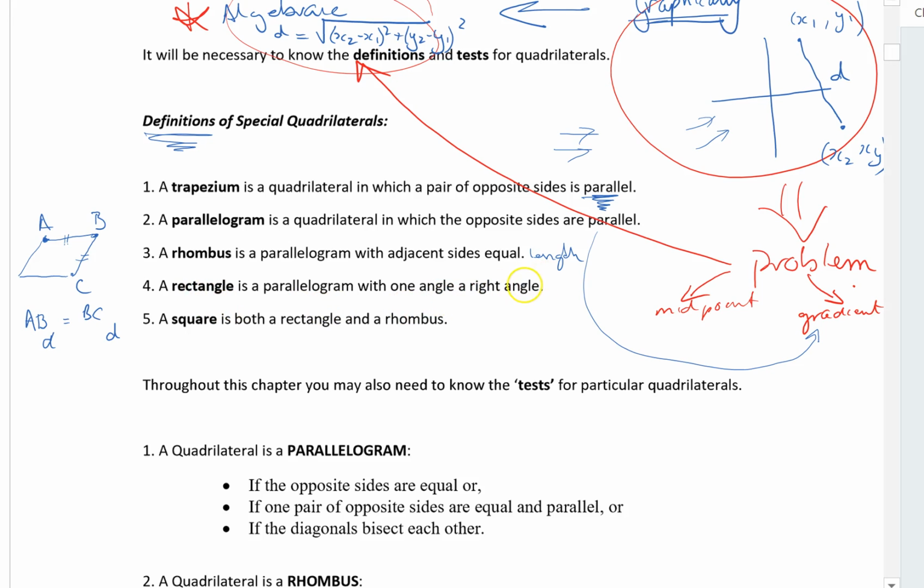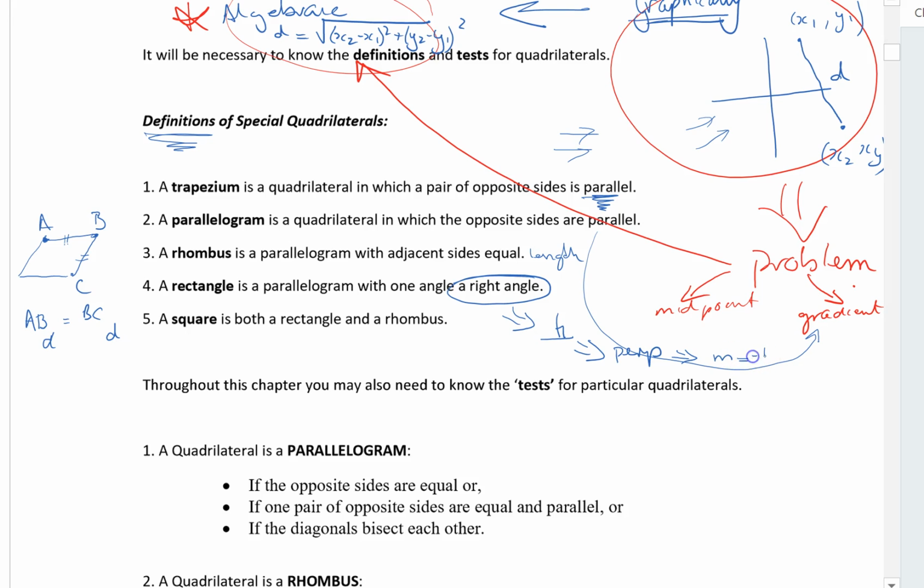Rectangle, we've got a right angle. And if one angle's a right angle, then we see that all angles are right angles in a rectangle. What associations are you making with right angles? Well, right angles, you might take that to be perpendicular. And perpendicular is something to do with gradients.